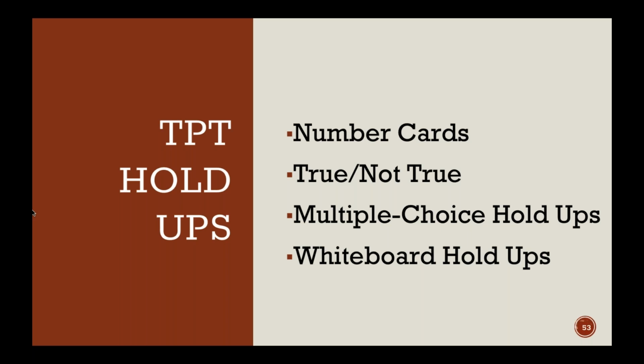Then when you're doing math problems, they could hold up the card that is the correct response. We also talked about true and not true, multiple choice cards, or using your whiteboard or chalkboard splash as a holdup.